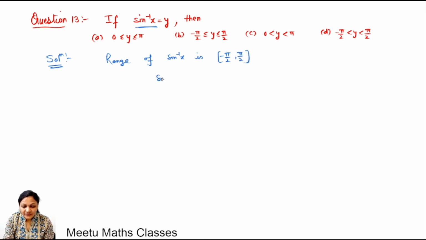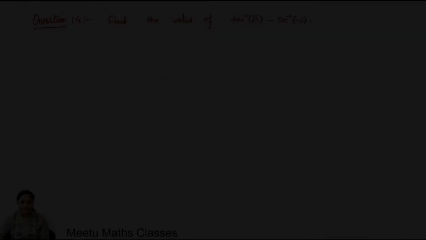So sine inverse x must lie between minus pi by 2 to pi by 2. Or we can say that y must lie between minus pi by 2 to pi by 2. So your option B is correct.